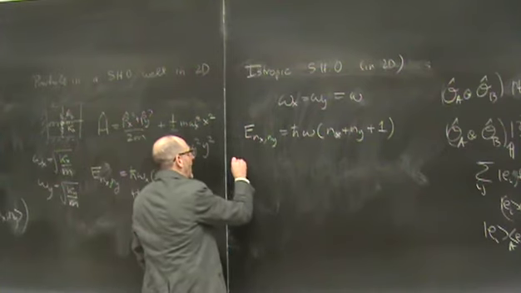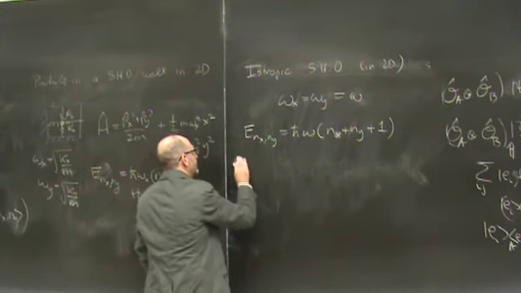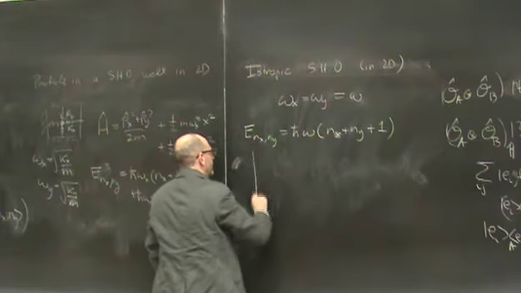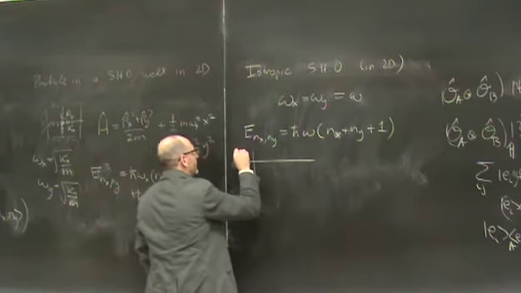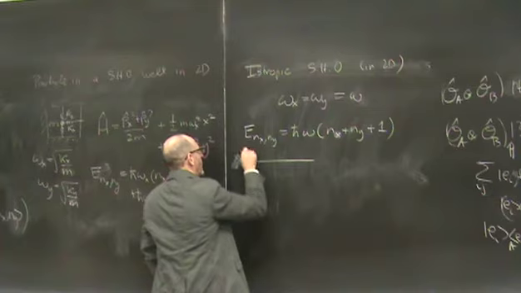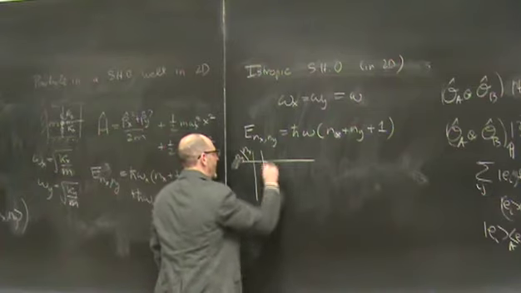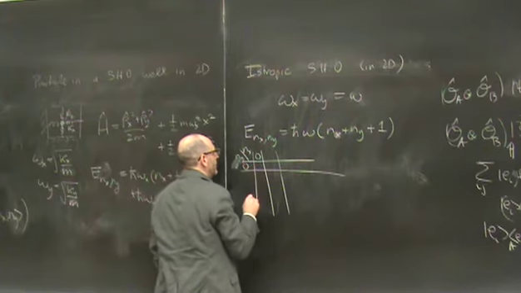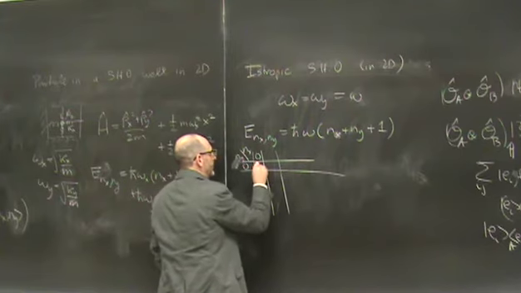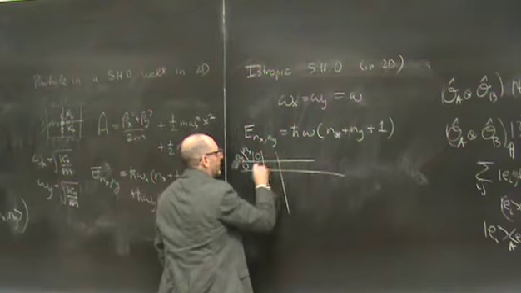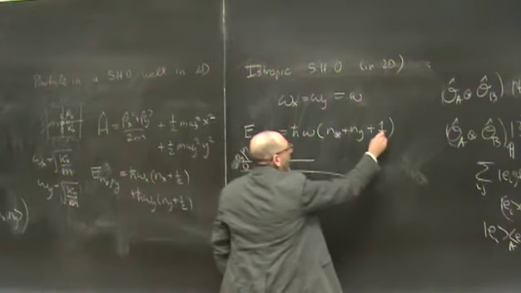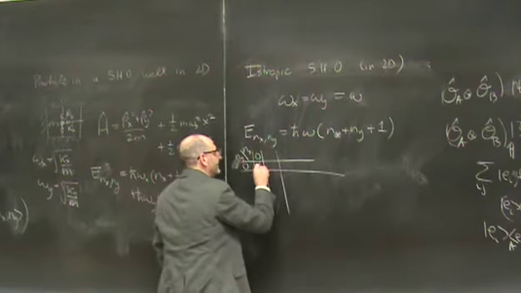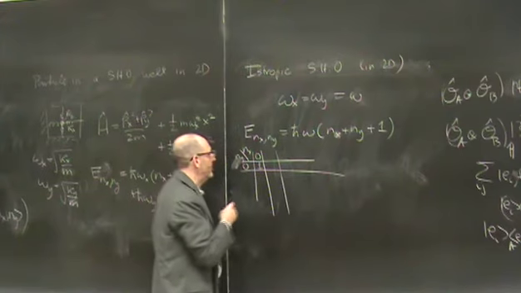So let's just make a little table here, nx and ny. When nx is 0 and ny is 0, the energy is, I'll just call it 1, in units of h bar omega.